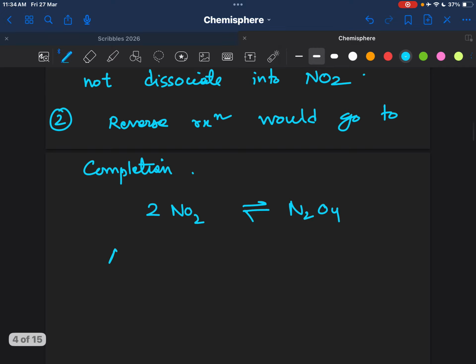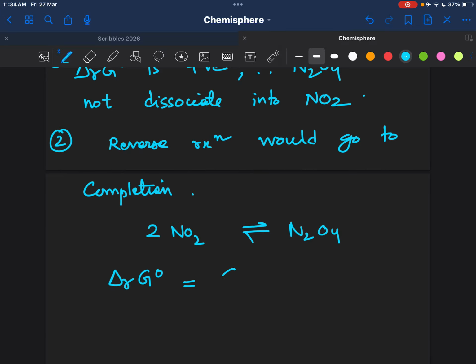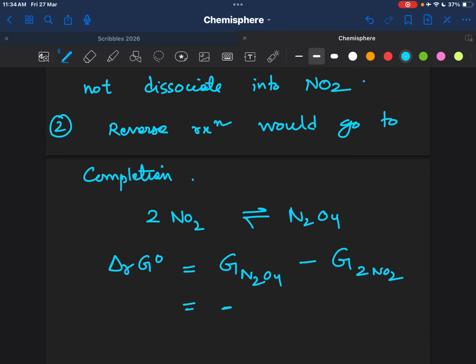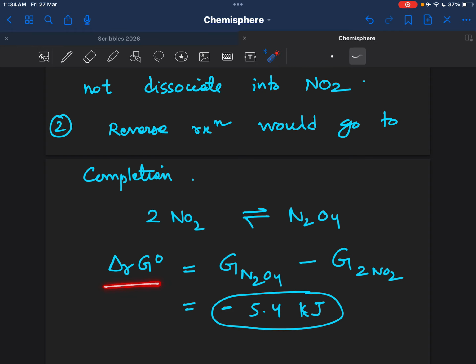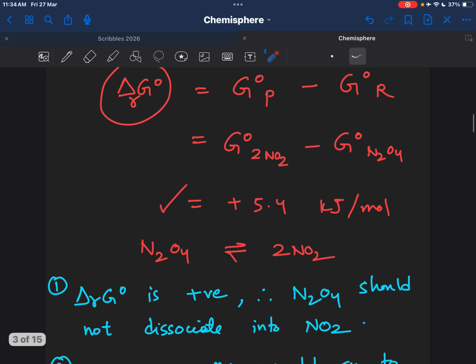If we calculate the delta R G naught for this reaction, that will be G of products, that is N2O4, minus G of 2 moles of NO2. So this will come out to be minus 5.4. You might think that since the delta R G naught value is minus 5.4, the 2 moles of NO2 will completely become N2O4. That's not going to happen. That's why I told you that delta R G naught values are kind of misleading.